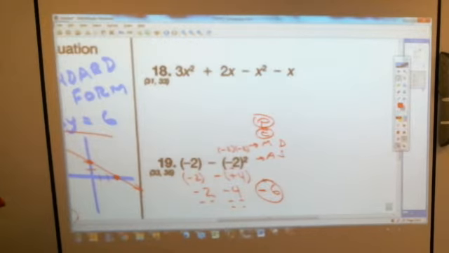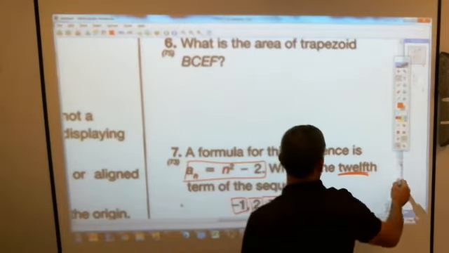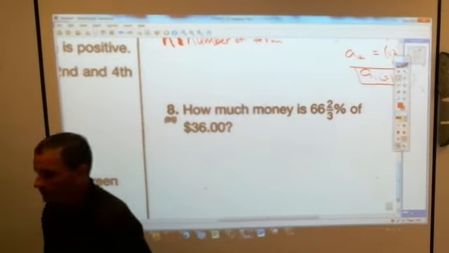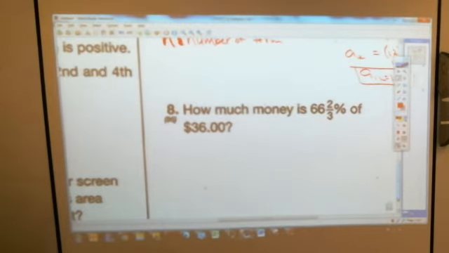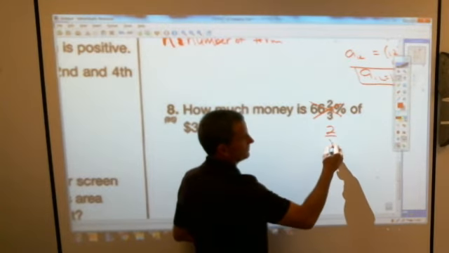Abram Savage. How do you get number 8? How much money is... Oh, first of all, I realized the word "of" is multiplication, and then I realized that 66 2/3% is not a great percent, but there's a fraction equivalent to that, which is, no, 1/3 is 33 1/3%. 66 2/3% is the fraction 2/3.